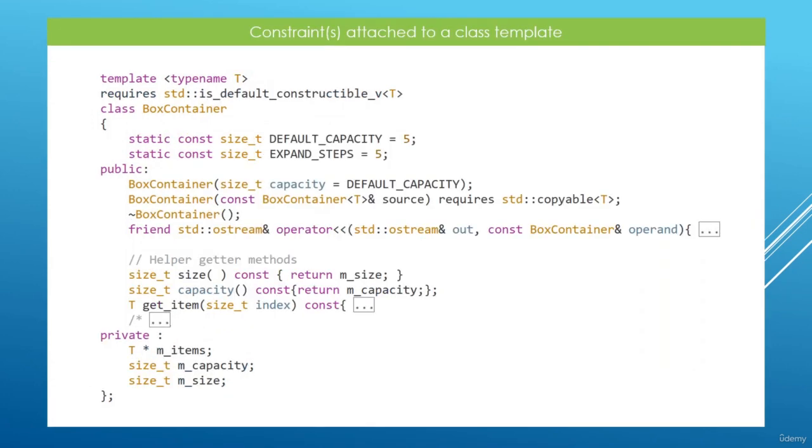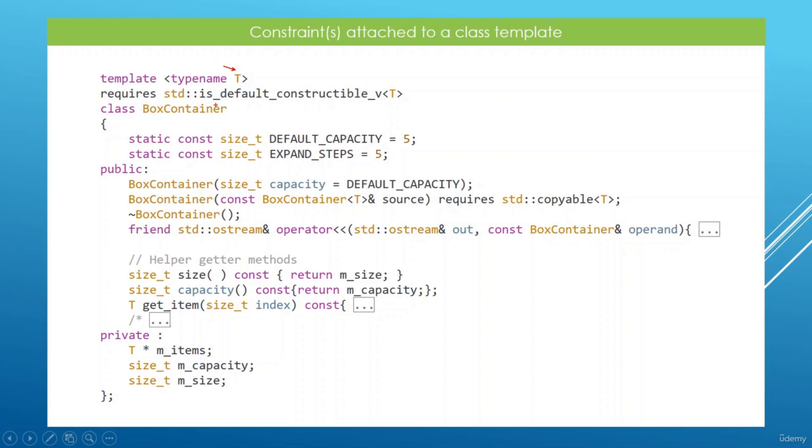Now, if you have your class split into class declaration and class definition, and by that I mean the members of your class, then you're going to need to do something a little more. Here we have our box container class. It is nothing new. It is everything we have seen so far. It is templated because we want it to work on all kinds of crazy types.